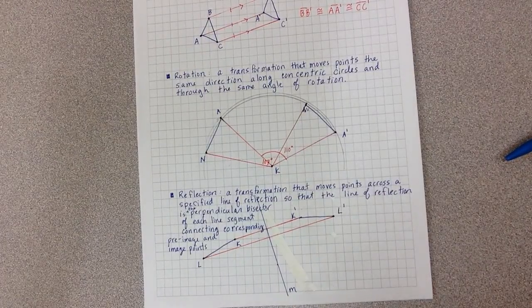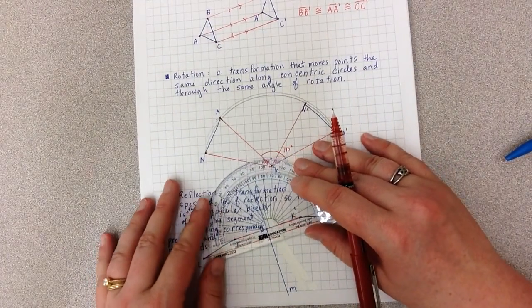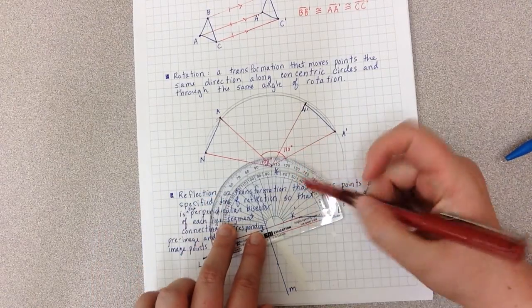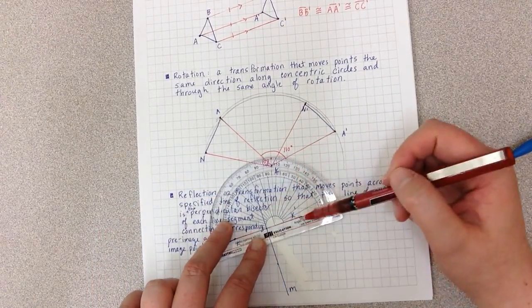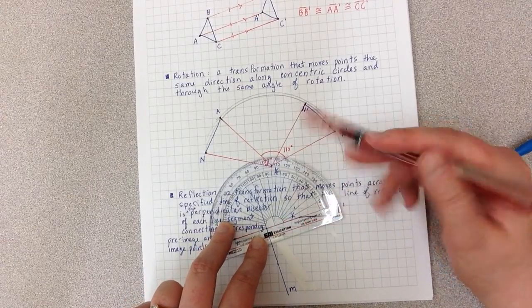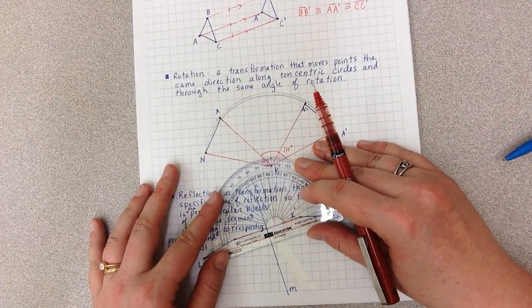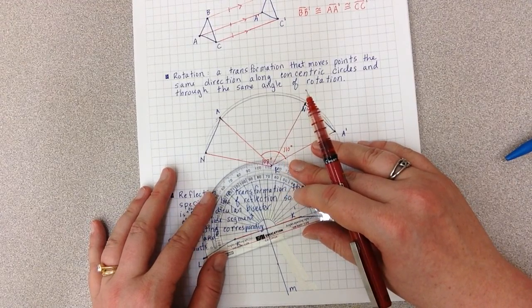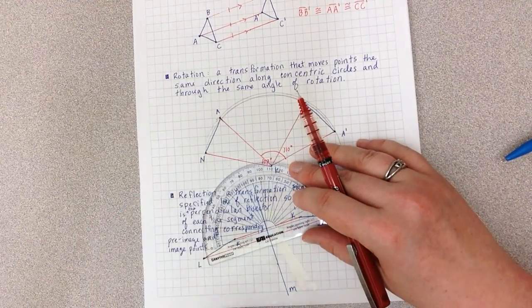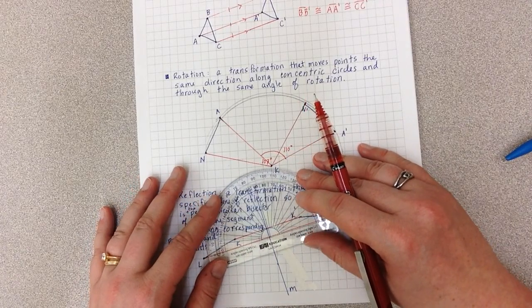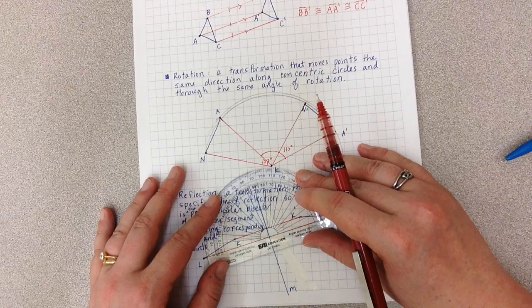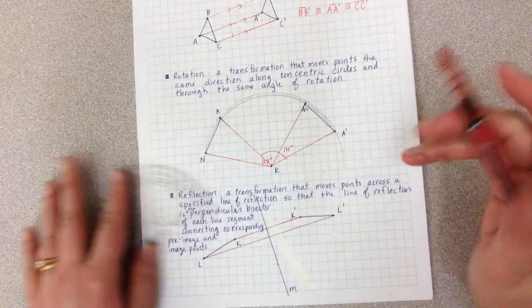And just a quick measure, I can measure the angle from the line M between the lines K and K prime. Oops, there we go. And it is just about 90 degrees. And then I can do that same thing for the line L prime, L prime to M, and it's also about 90 degrees.